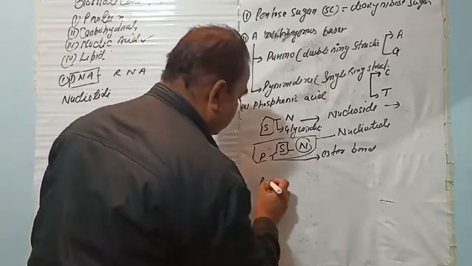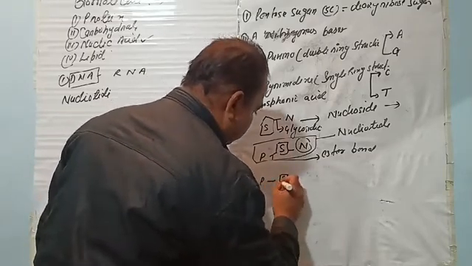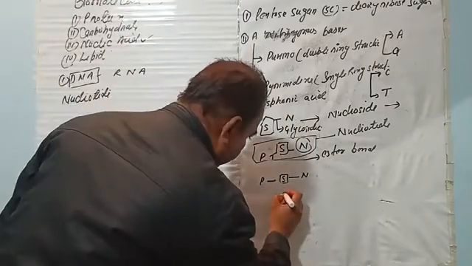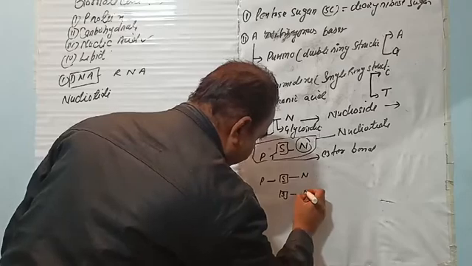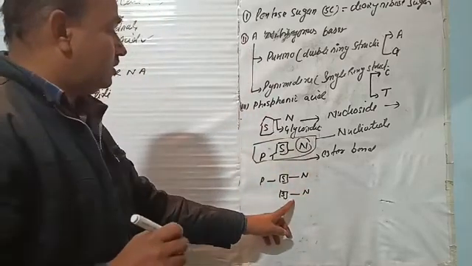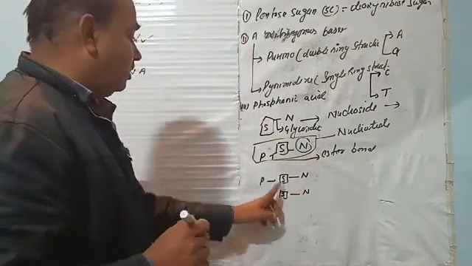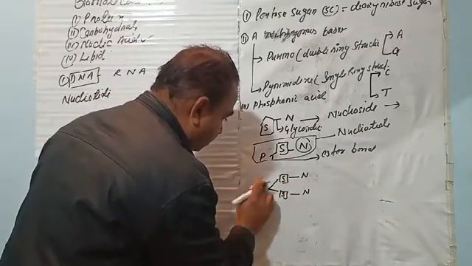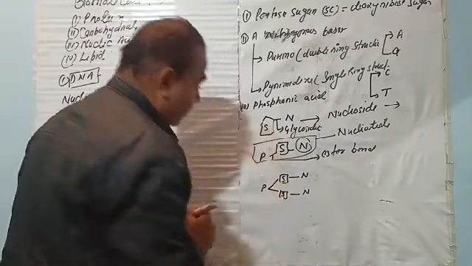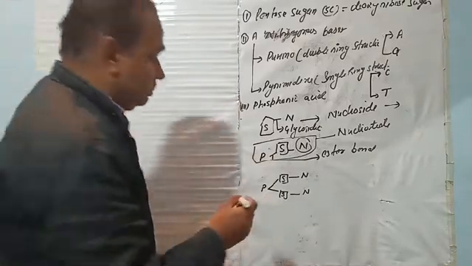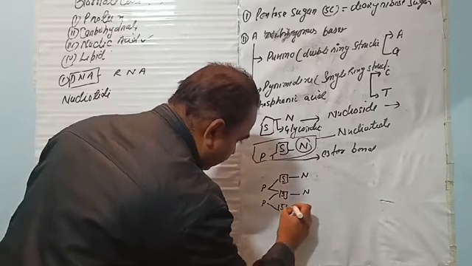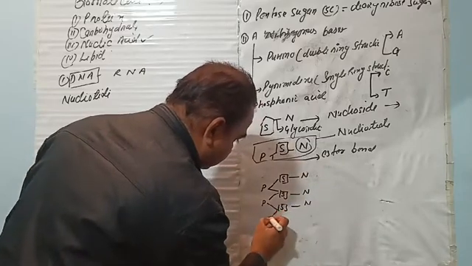Like this P, this is the phosphate group joined with the sugar and then the nitrogen. Once again, this is the second nucleotide, and both nucleotides are joined with a phosphate group and form a diester bond, and this process continues like this.